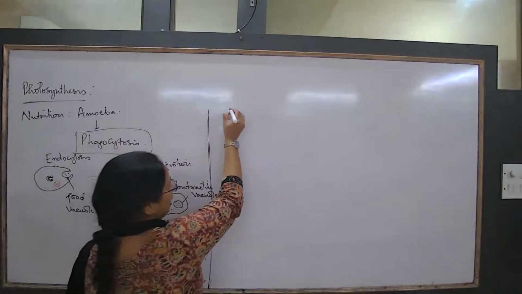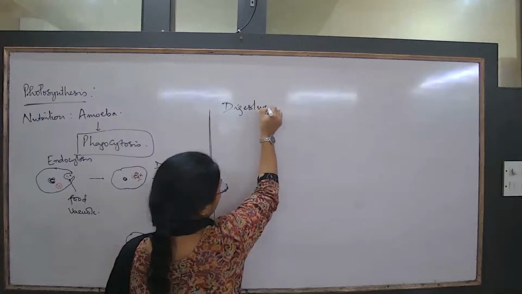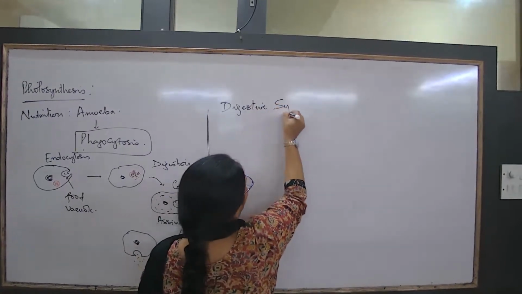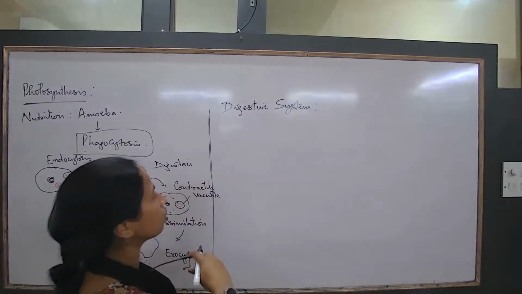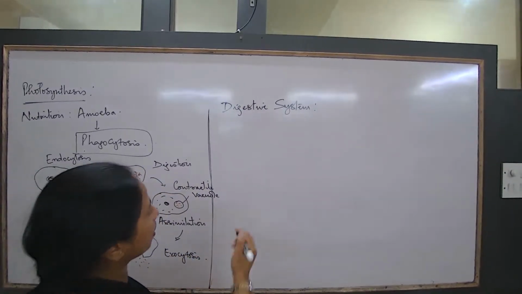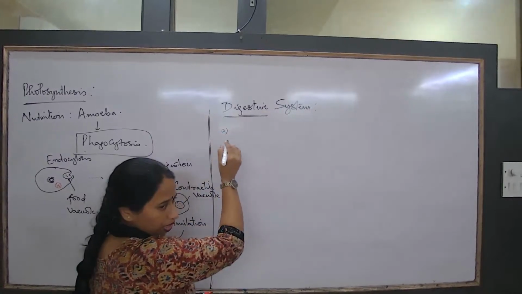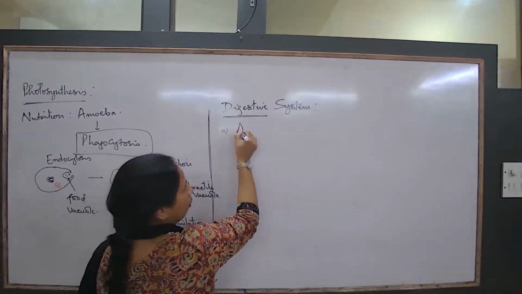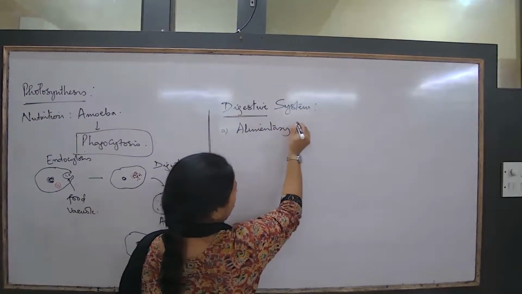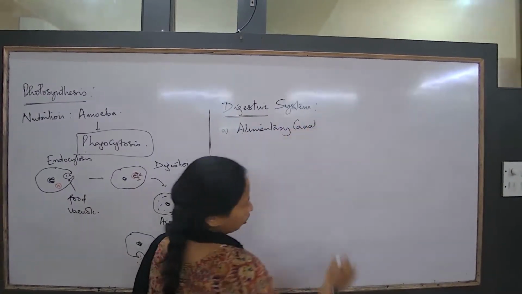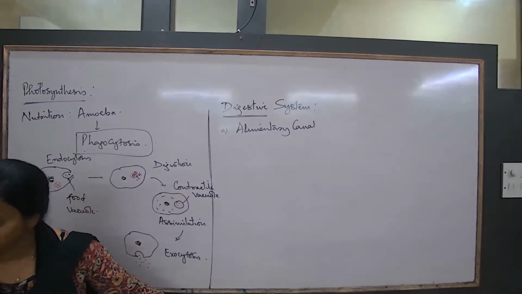So we start with this. I am talking about the digestive system in human. What about the parts of the digestive system? Here we are saying that the human digestive system has got two parts. One is the alimentary canal, a continuous tube-like structure through which the food would pass, where the process of digestion would happen.